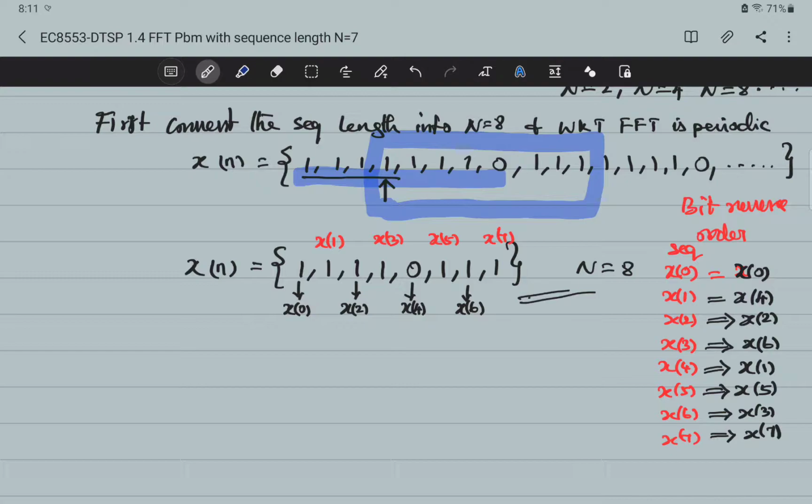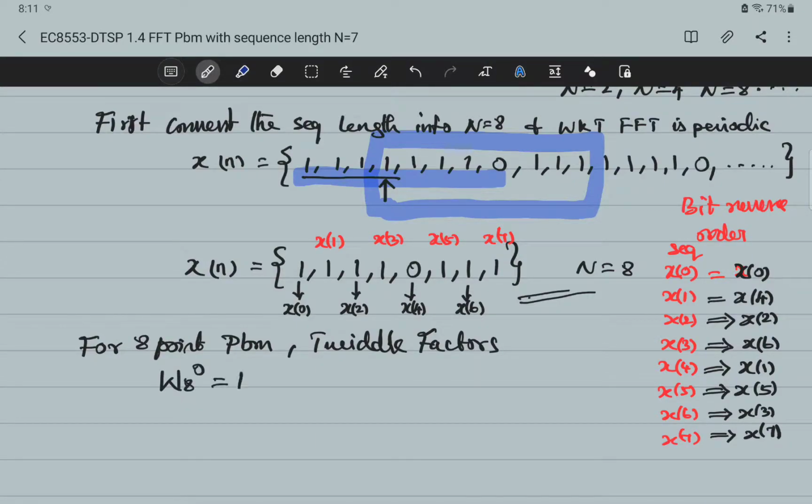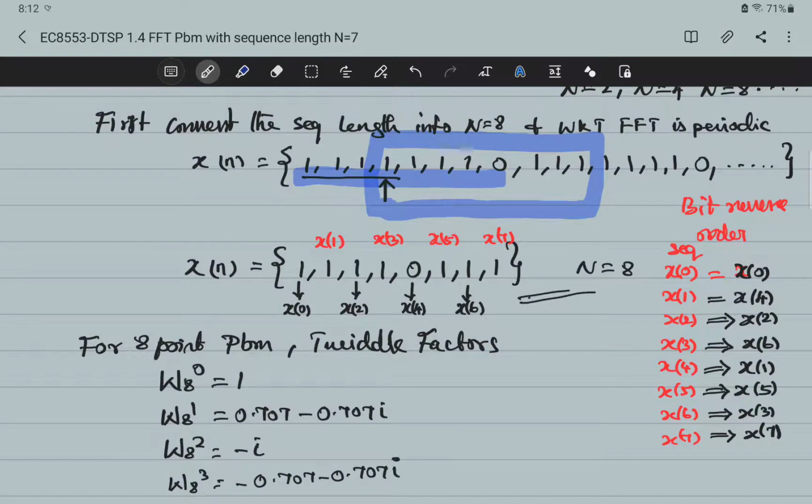So this sequence is used in the problem, and also for the 8-point problem, the twiddle factors are W8 power 0, which is equal to 1, W8 power 1, 0.707 minus 0.707 i, W8 power 2, which is minus i, W8 power 3, minus 0.707 minus 0.707 i. So now with this we can start solving the problem.